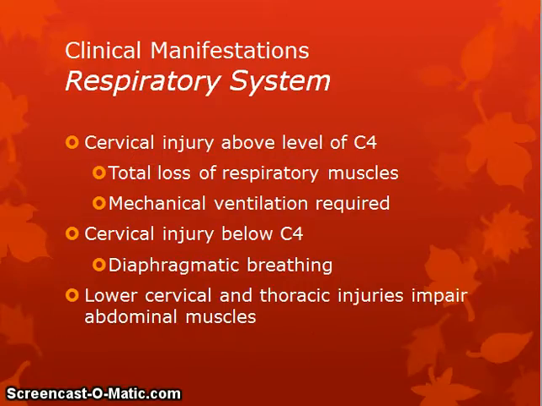Next, we're going to go through each body system and explain how it can be impacted by a spinal cord injury. Starting with the respiratory system, anything that happens above C4, or cervical level 4. If we have damage to cervical level 1, 2, or 3, they have complete loss of their respiratory muscles.